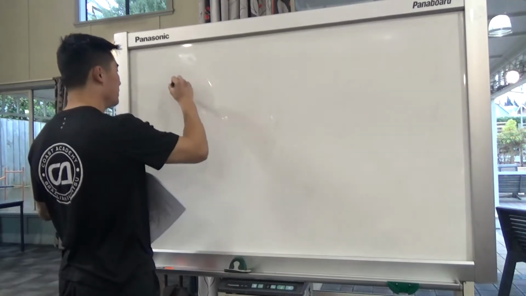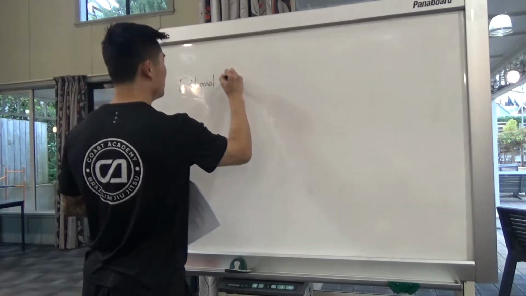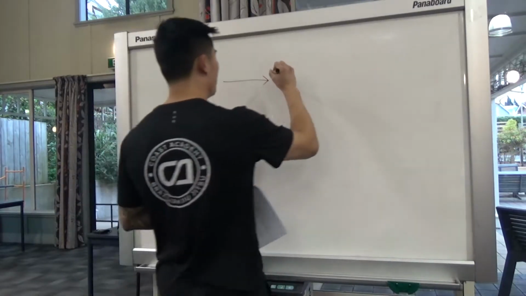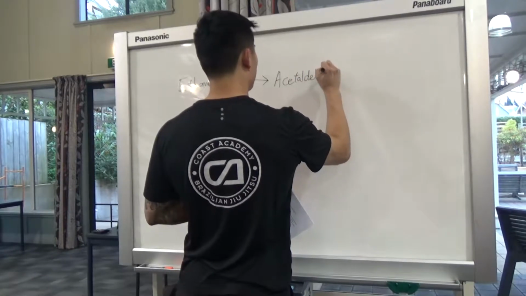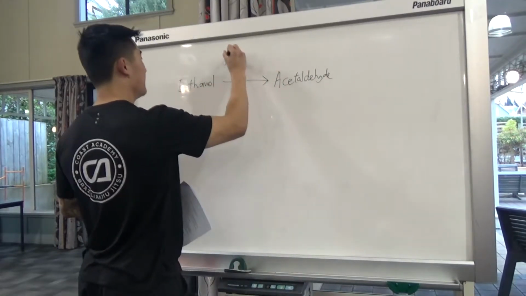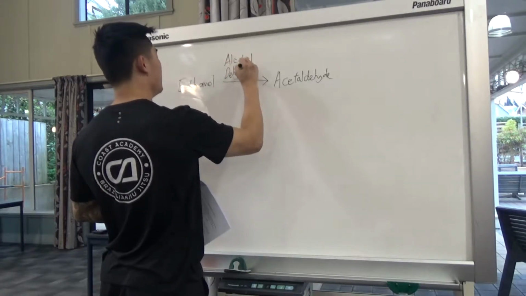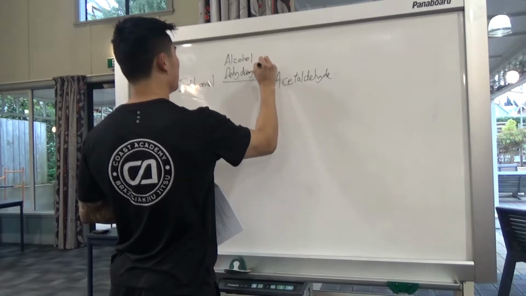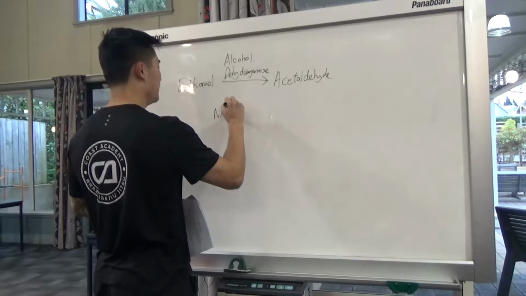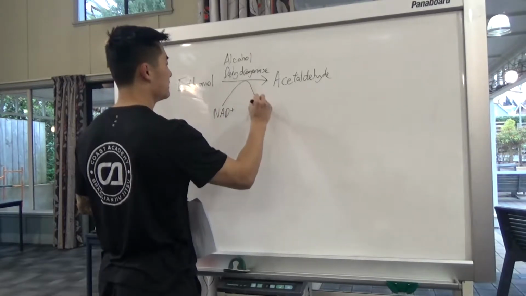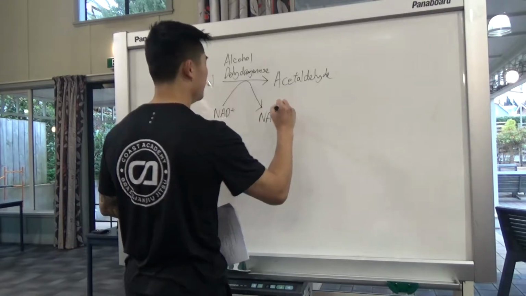When you go from ethanol to acetaldehyde, this one's catalyzed by alcohol dehydrogenase, and we're taking a NAD plus and turning that into an NADH.